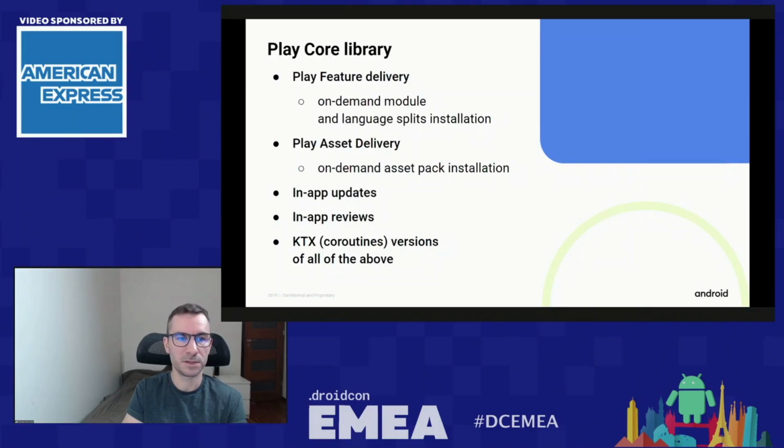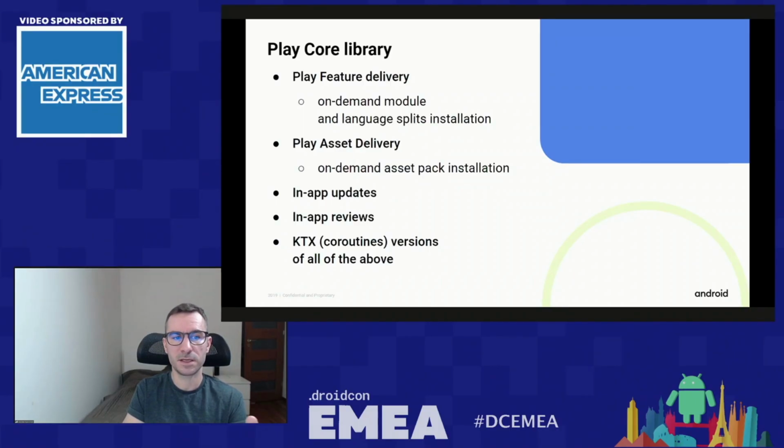So Play feature delivery lets you install and uninstall on-demand modules and language splits. Play asset delivery for on-demand installation of asset packs. And then it has 2 APIs that are not related to app bundles, in-app updates and in-app reviews. These can be used by APKs as well, but they are kind of still connected to the Play Store experience, right? So that's why they're in this library together.